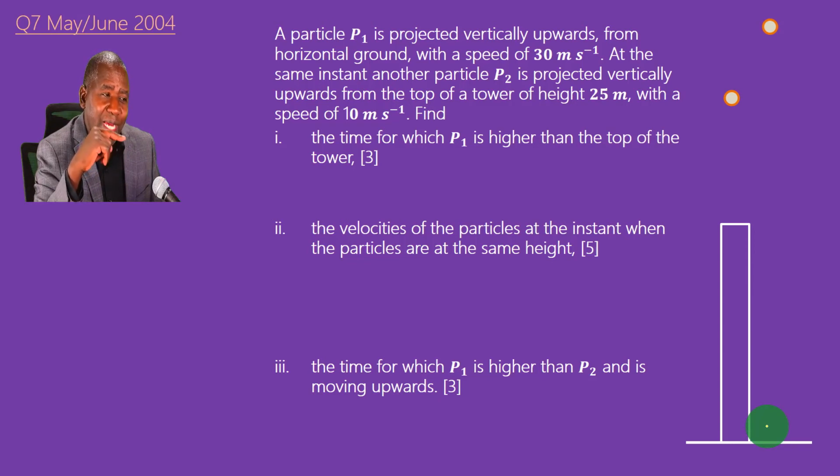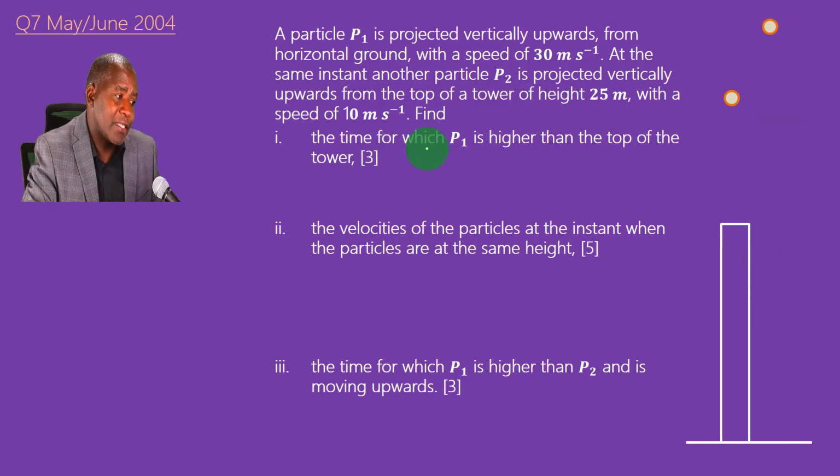So that is what I think happens. At some point, they will have to meet. I don't know whether they will meet. I don't know whether this object reaches maximum height, comes and bypasses the height of the tower and falls. But what I'm sure about is that it will reach maximum height and then fall back.